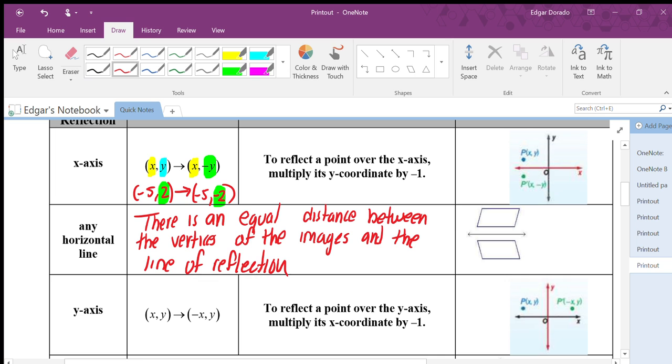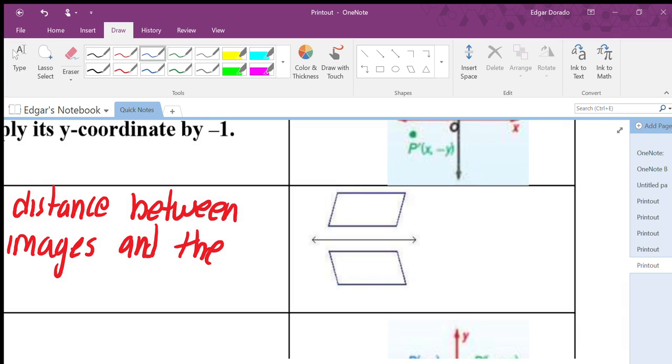Let's take this little image here, and I'm going to zoom into it. This is my line of reflection, so that's where I'm reflecting across. If the distance between here and here is 2, then the distance between here and here also has to be 2. It doesn't matter what the distance is, but what we know is that corresponding vertices have to have the same distance.